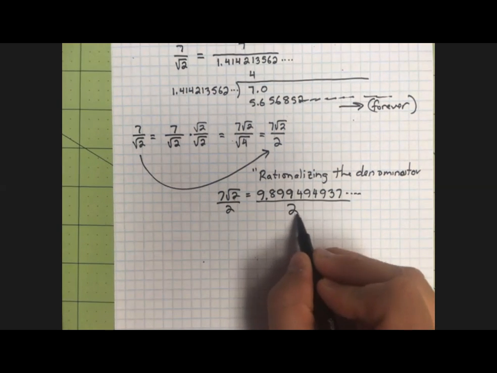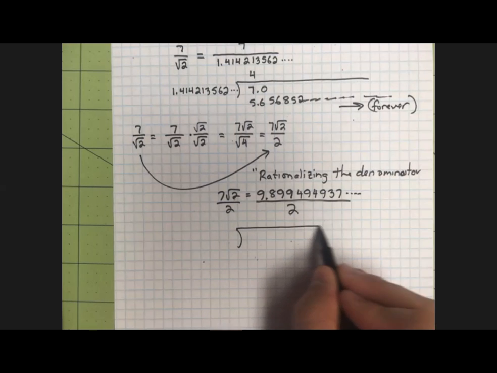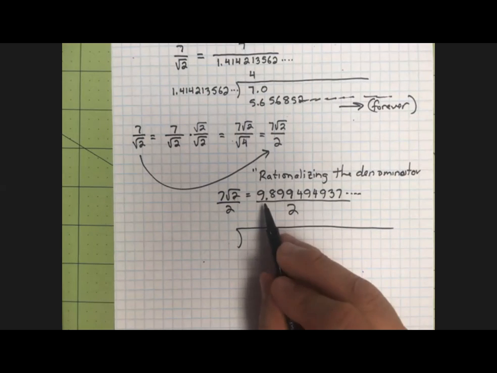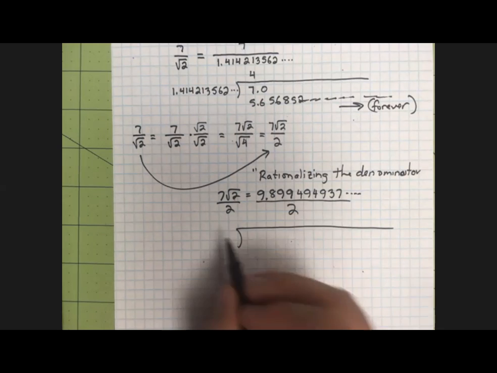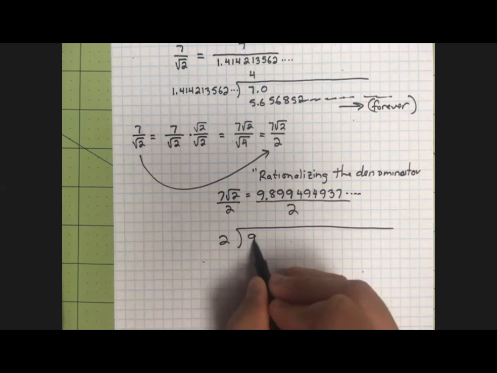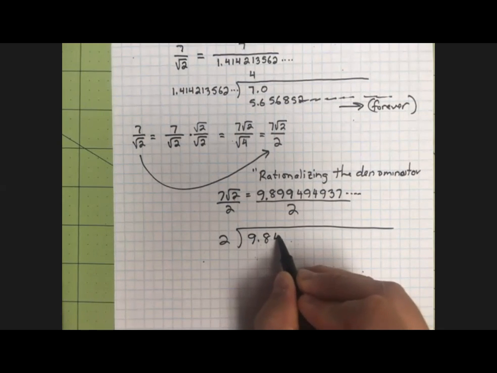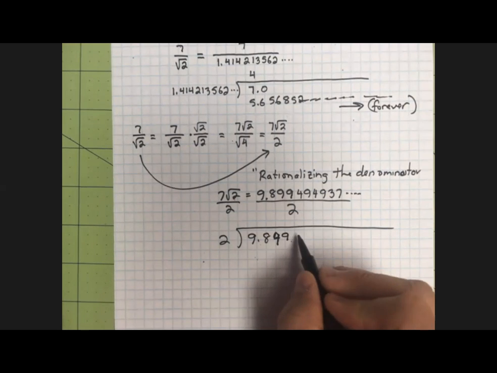But do you see? You still say, I'm still screwed. There's a never-ending number there. Ah, but the never-ending number is inside the radical.